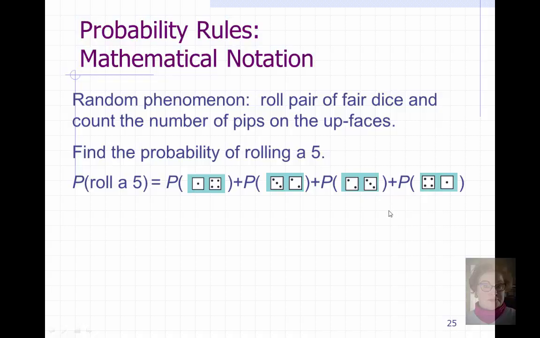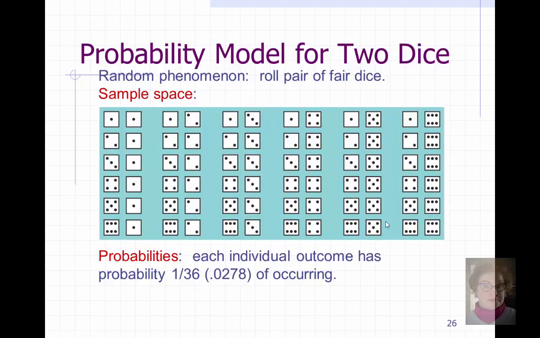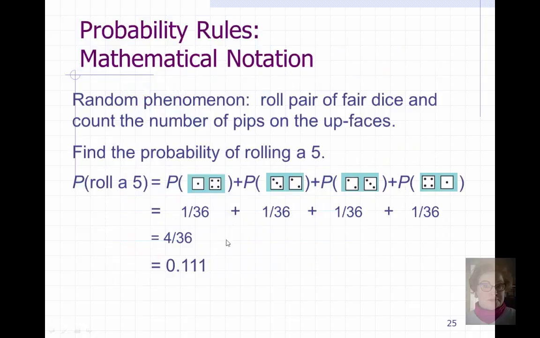If I remind you of the previous slide, how do we get a 3 and a 2? Well, there's one way. That's 1/36. So 1/36 is our probability for each of those simple events, and rolling a 5 is our event.